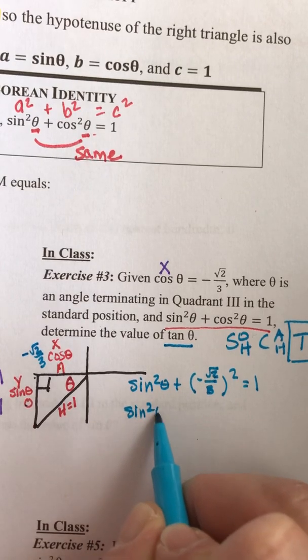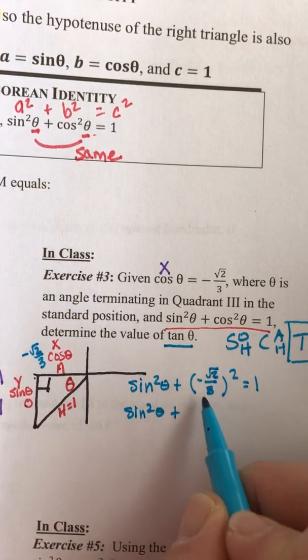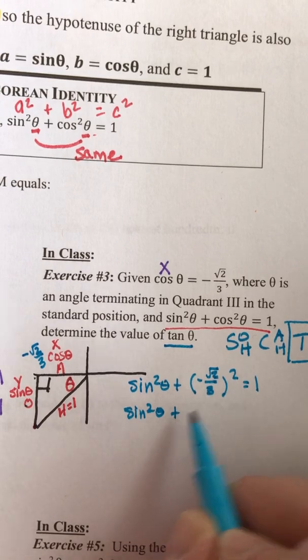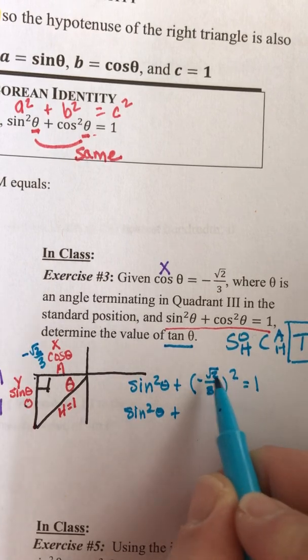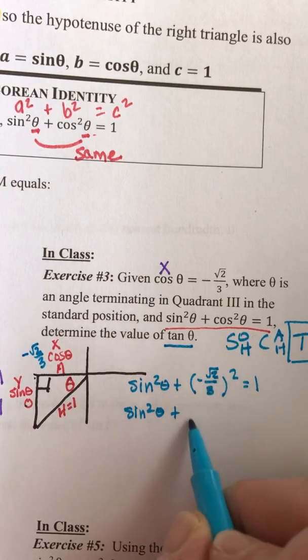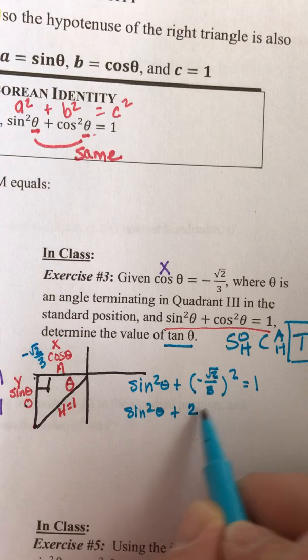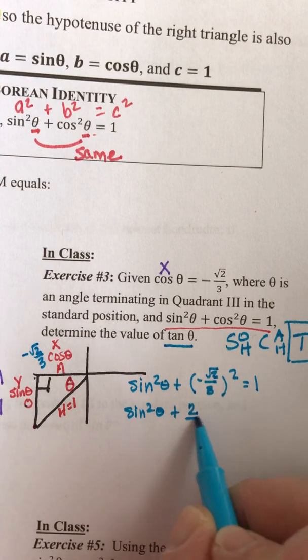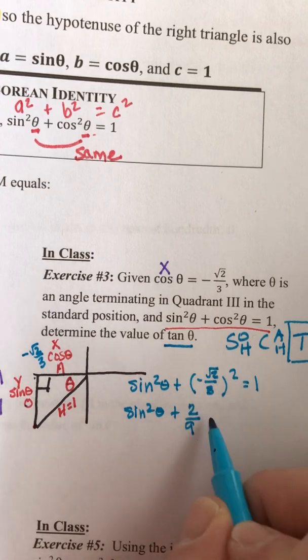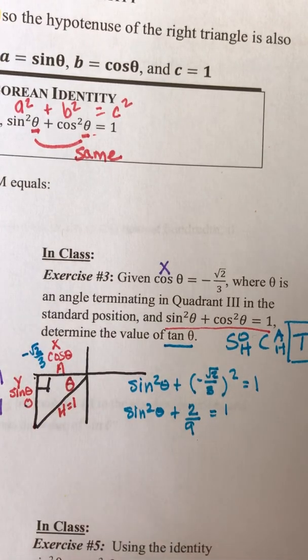Sine squared of theta stays the same. Plus, now I have a negative. A negative number squared is positive. And when you square a fraction, you square the top and you square the bottom. The square root of 2 squared is 2. 3 squared is 9. So, and then that takes care of that, equals 1.